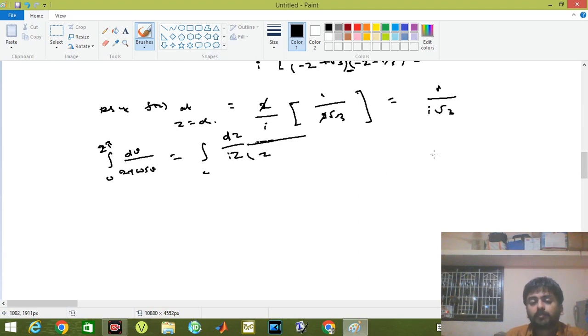So we will have 2 plus cos theta is, so here I shall write iz into z square plus 4z plus 1.